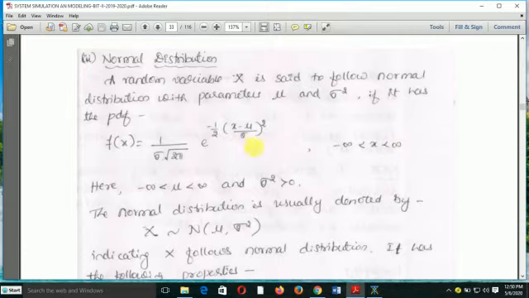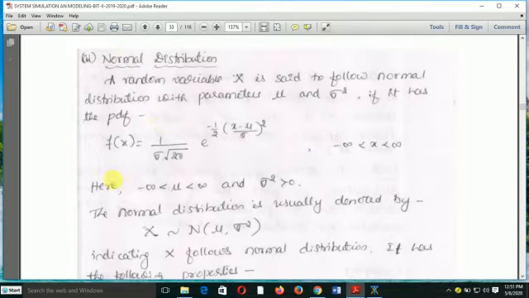So here in this formula we have pi, the standard deviation, the exponential, the mean and x. If we have a function like this, and a random variable which satisfies this condition, it means that we have a normal distribution.